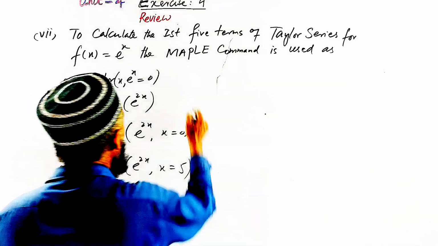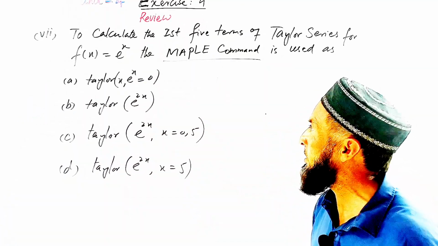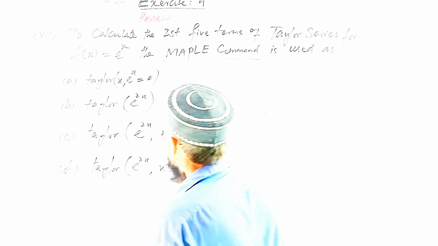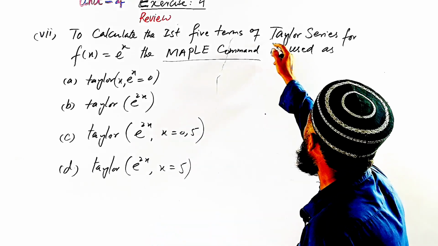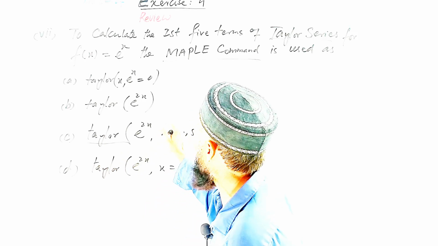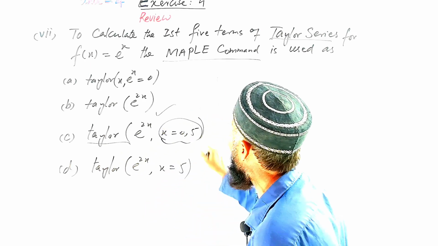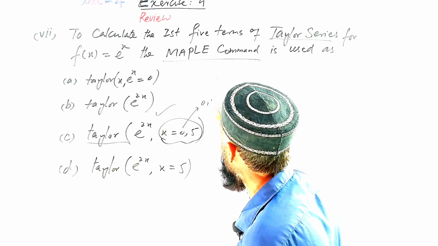So in computer Maple command programming, if we are using the exponential function, the Taylor command is also given there. Their function and its values always start from the interval 0 and 5.